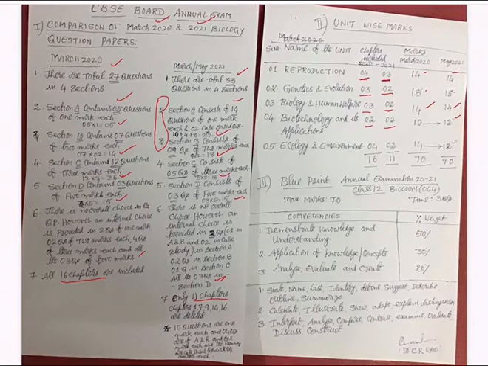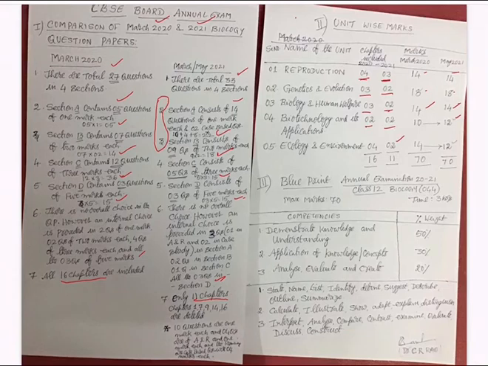Just biotechnology 2 chapters, biology and human welfare 2 chapters, genetics and evolution 2 chapters. 6 chapters if you are thorough out of 11. How many marks? You are having 18 plus 14 plus 12. So 44 marks out of 70, 44 marks, right?